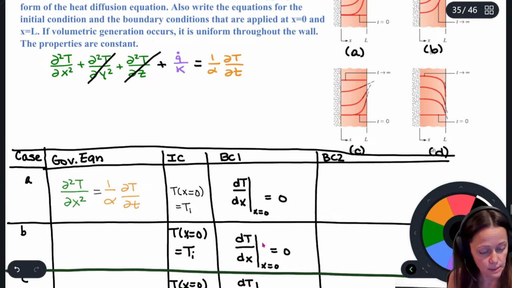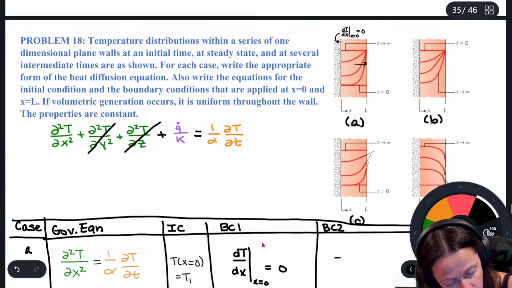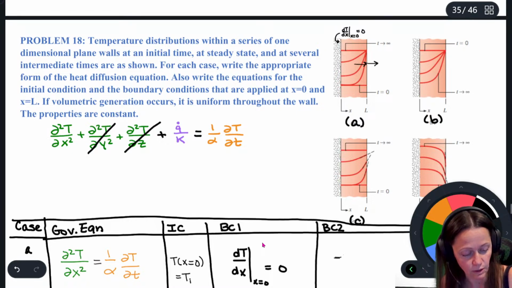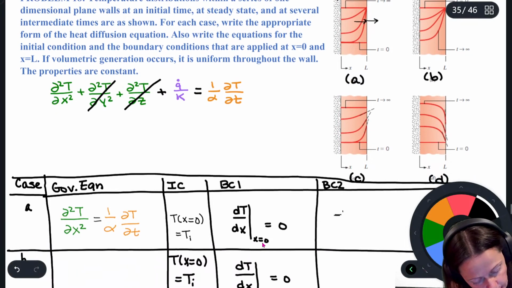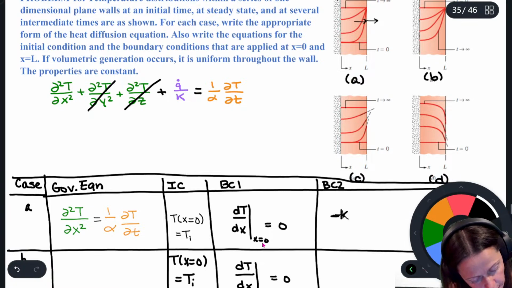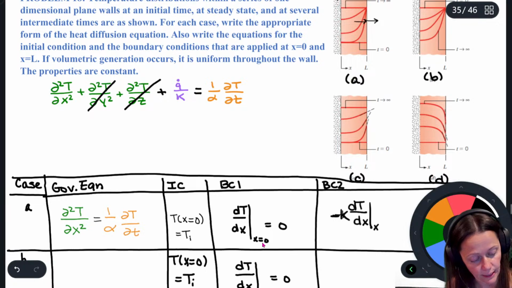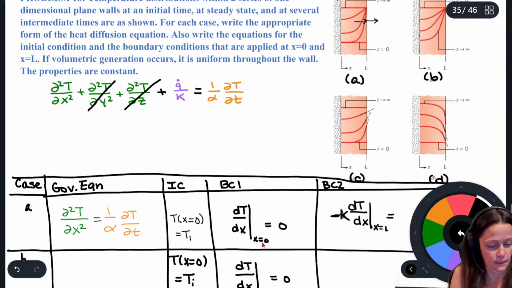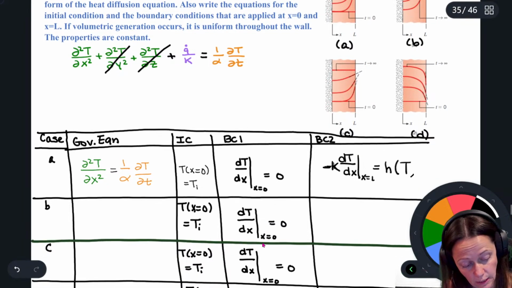So at x equals L, the conduction here has to be equal to the convection at x equals L as well. So I'd have negative k dT/dx at x equals L is equal to the convection, h times T at x equals L minus whatever that T infinity is.